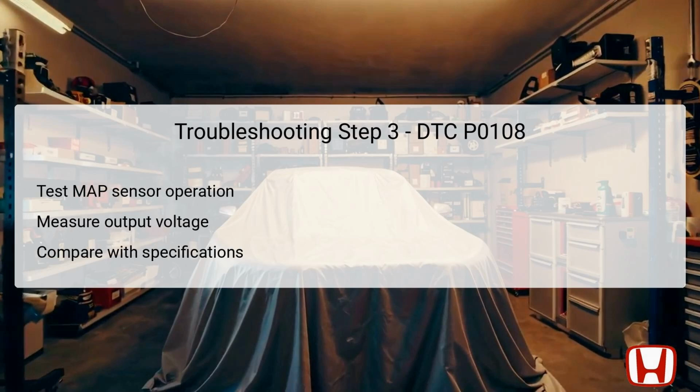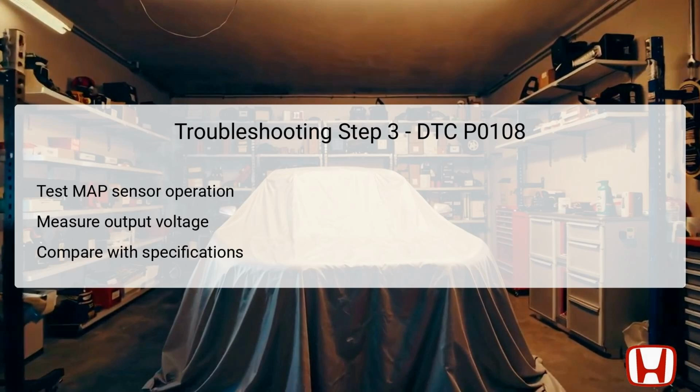Addressing these wiring issues is fundamental, as signal interference from faulty connections could falsely trigger the DTC and complicate further diagnosis. The third troubleshooting step involves testing the operation of the MAP sensor directly. Connect a multimeter to the sensor's output and measure the sensor's output voltage under varying throttle conditions. Initially, at high vacuum, throttle closed, the voltage should be low, while the voltage should increase as the throttle valve opens and the manifold pressure drops.